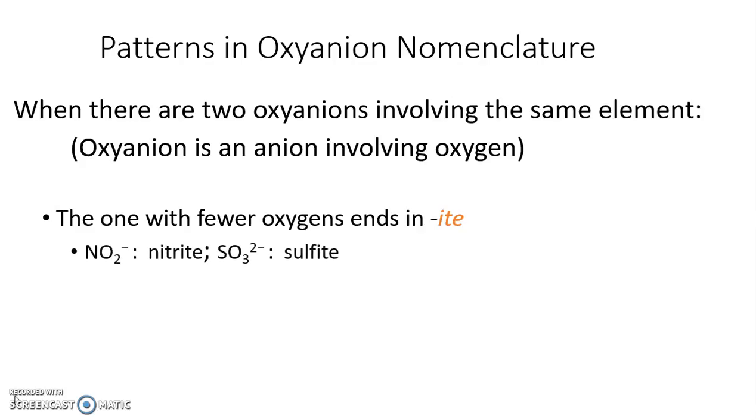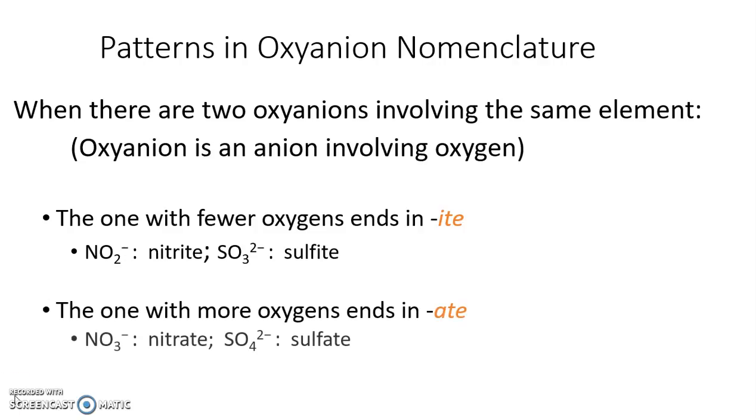The one with fewer oxygens tends to end in ITE. So if we're comparing those, nitrite has 2 oxygens, so it's got the ITE. The one with more tends to end in ATE. So the one that has more oxygens has that ATE, and the one with less has the ITE. That can help you remember some of the names of the polyatomic ions.